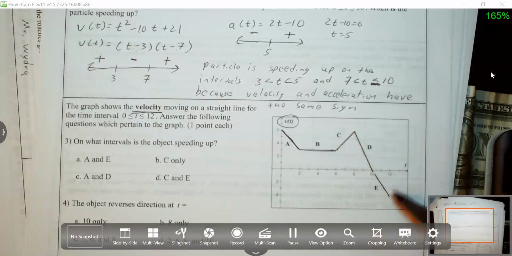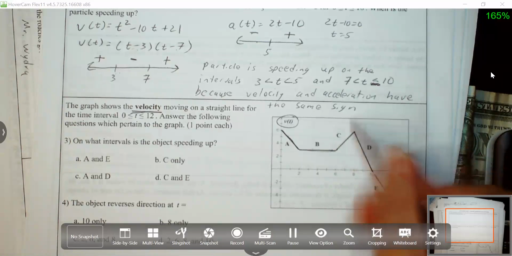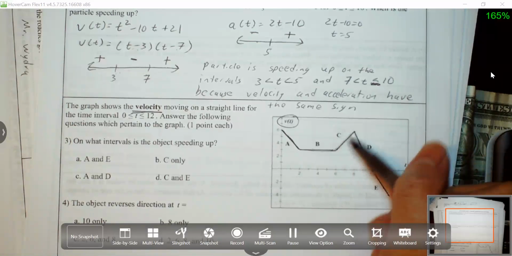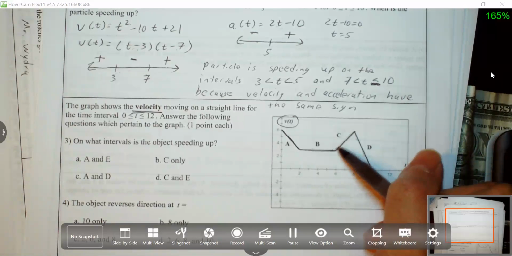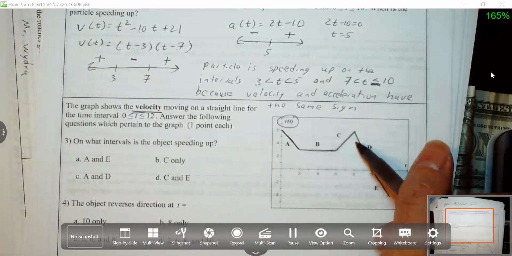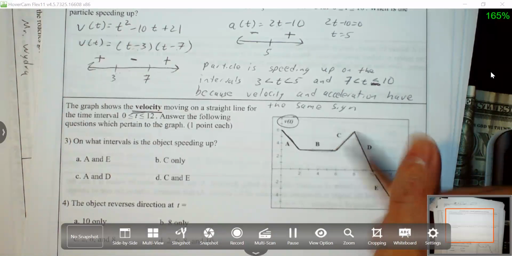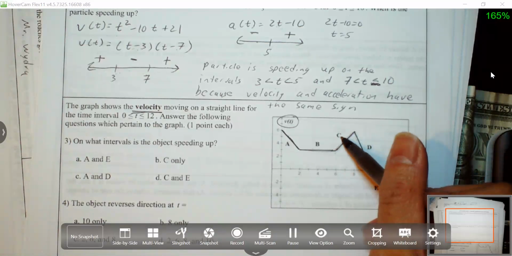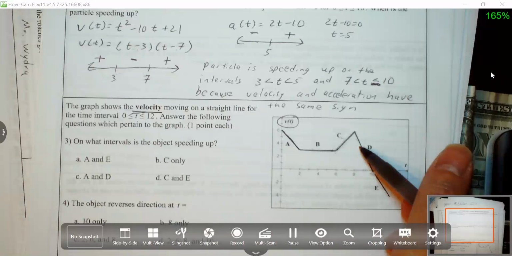So let's see where it's speeding up. If you look at portion C, velocity is positive because it's above the x-axis. Acceleration is positive because it has a positive slope. So I know C for sure it's speeding up. But is there another section besides C?